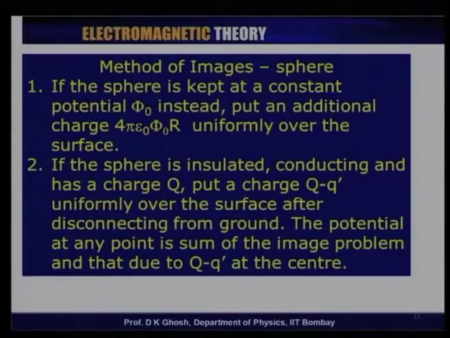First, you of course disconnect the wire from the ground, and then the potential at any point would be a sum of the original image problem, and that due to the charge Q minus q prime located at the center. So, this would be the situation if the sphere has a total charge capital Q.